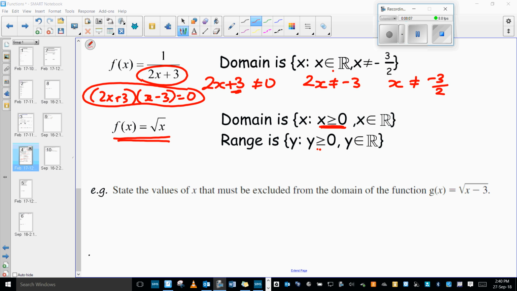So I would probably say that x minus 3 has to be greater than or equal to 0, which means that x has to be greater than or equal to 3. So the values of x that must be excluded from the domain are x is less than 3.